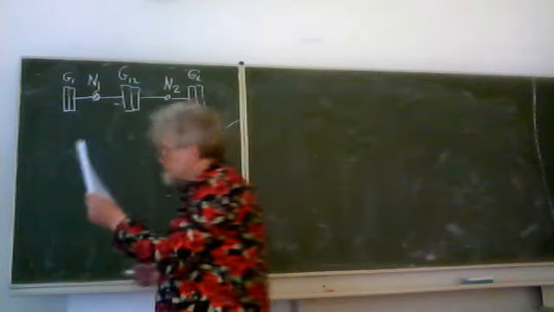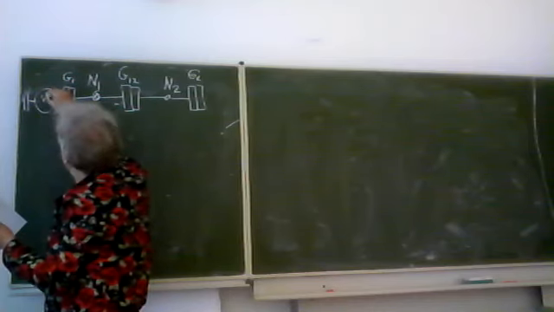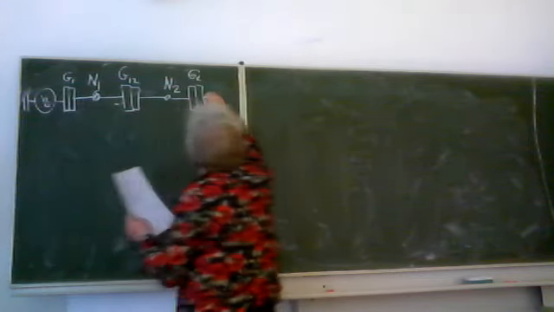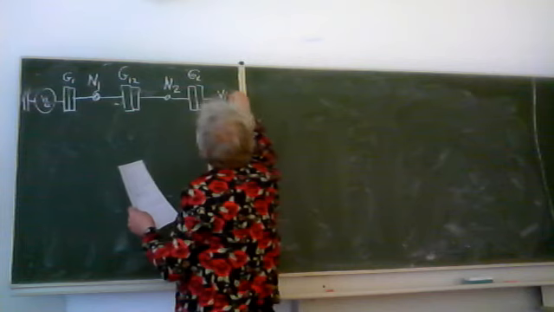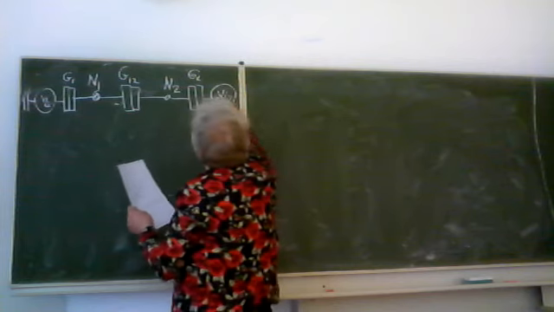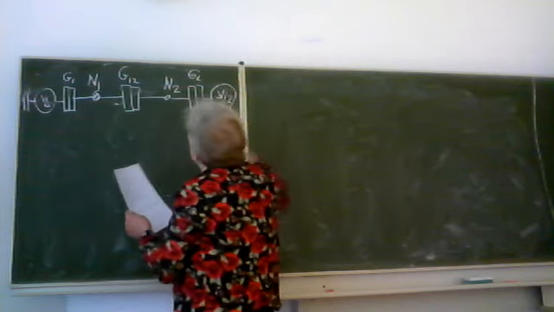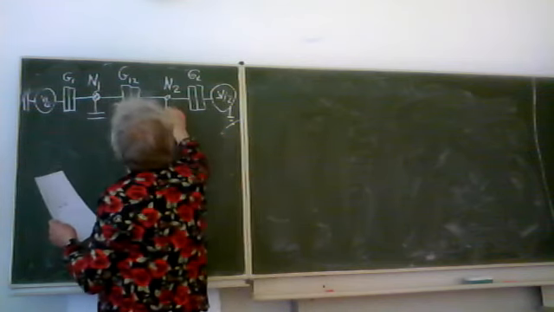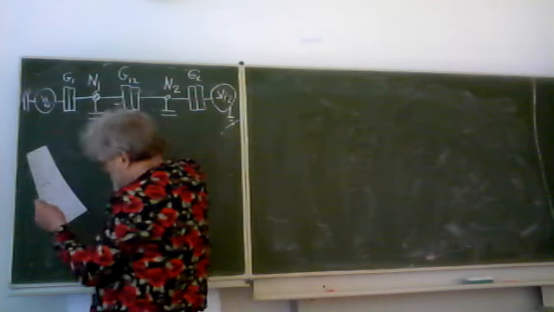What next? I'm going to bias this circuit. That would be, let's see, V over 2 and minus V over 2, asymmetric bias, rather convenient. And okay, some gate voltages.